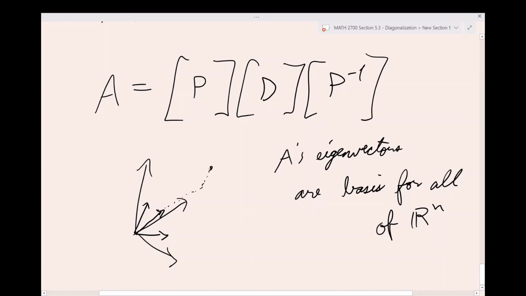Let's say that point was here. And so I can think of every point as coordinates multiplied by those basis vectors. And then I can think about what does the transformation do to those points, that left multiplication by A. So if I have that point x and I left multiply by that A, perform this transformation, I can think of what the transformation does in terms of that basis.